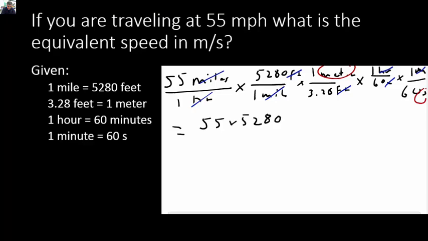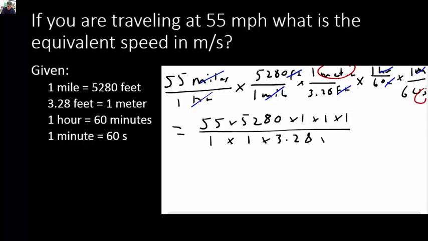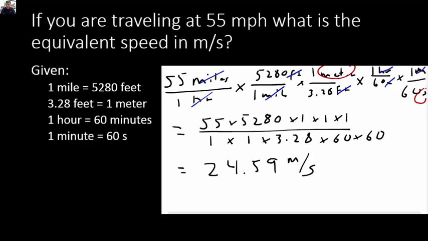I can have 55 times 5280 times 1 times 1 times 1, and divide this by 1 times 1 times 3.28 times 60 times 60. And when I plug this into my calculator, I come up with 24.59 meters per second.